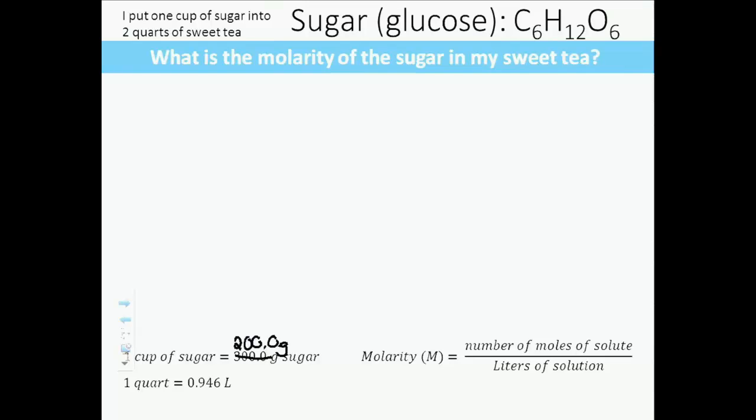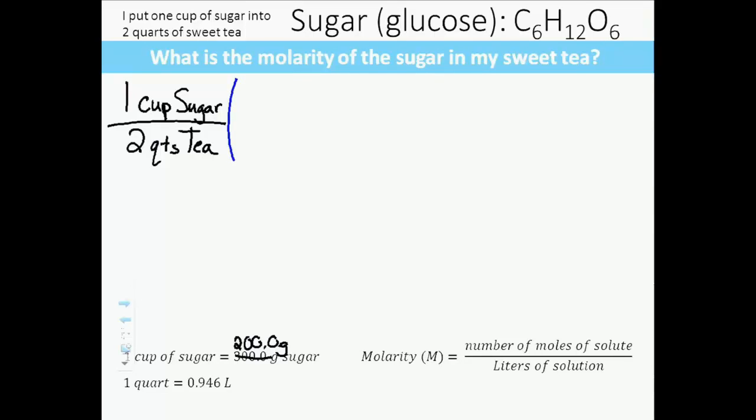So let's start out with 1 cup of sugar per 2 quarts of tea. We have a mass on top, we have a volume on the bottom. That means we are representing it as a concentration, which is what we want. So we started from there.